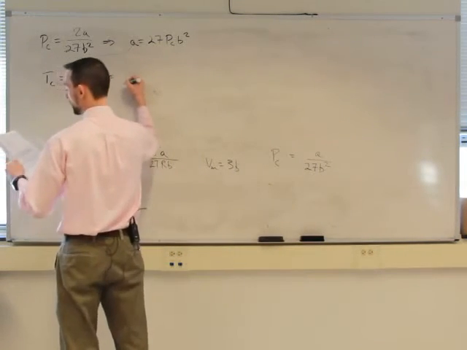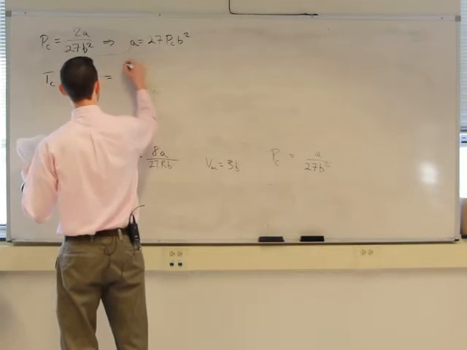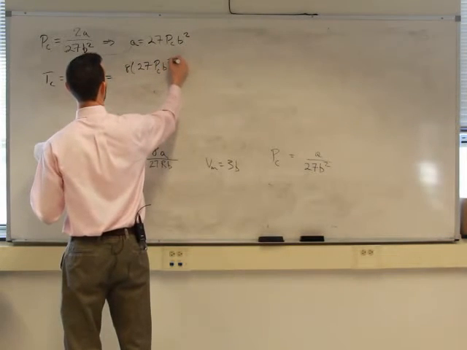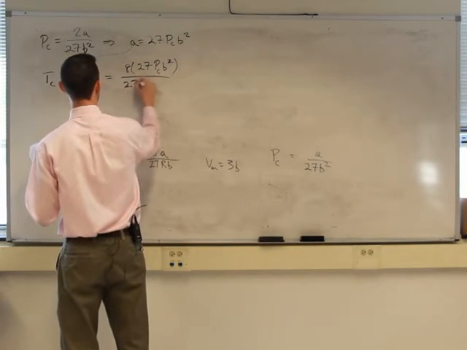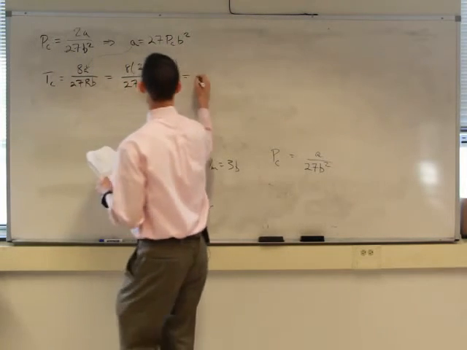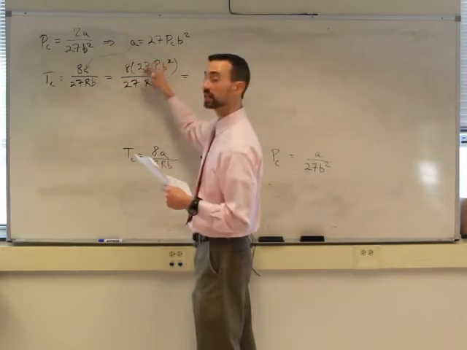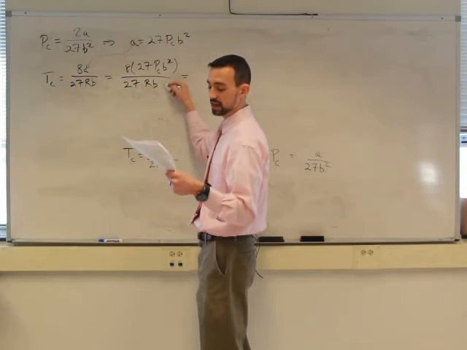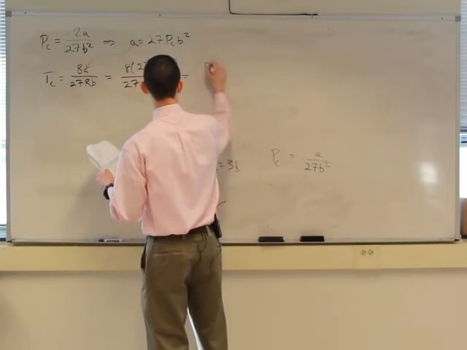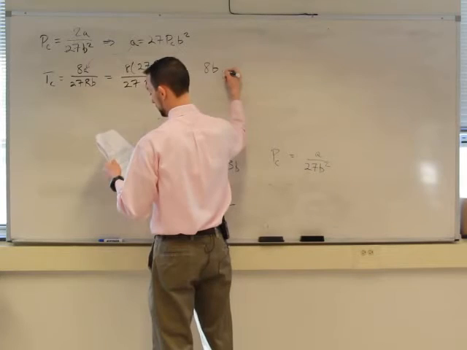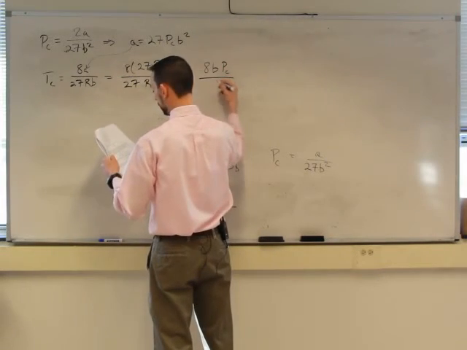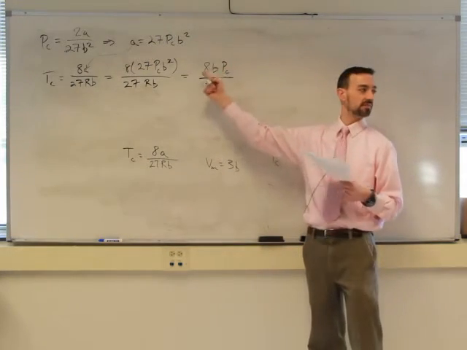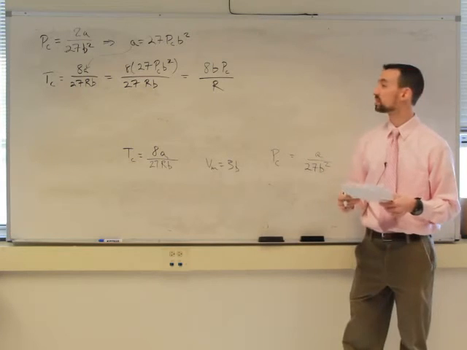Okay? So this becomes 8, if you want to see the substitution, times 27 PB squared over your 27 RB. And we're going to get a lot of simplification. Our 27s are going to cancel. One of our B's is going to cancel as well. And we end up with 8B times the critical pressure over R. It doesn't matter if I write B and then PC or PC then B. It's all multiplication, so it doesn't matter.